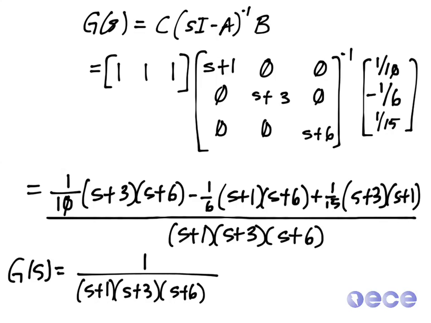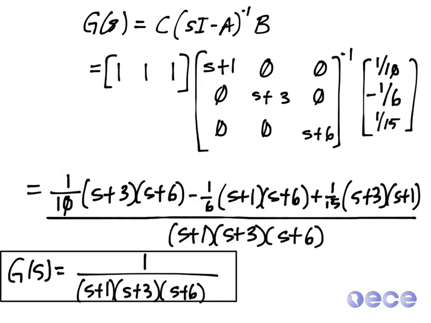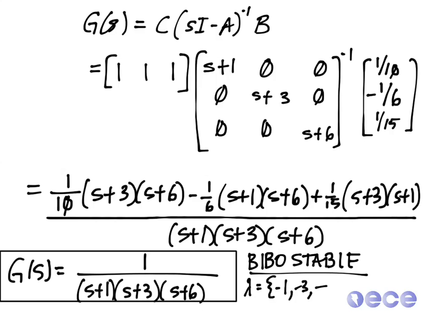In fact, this system G(s) is BIBO stable. And all three modes of the system, lambda equal to minus 1, minus 3, and minus 6, each show up in the transfer function G(s).